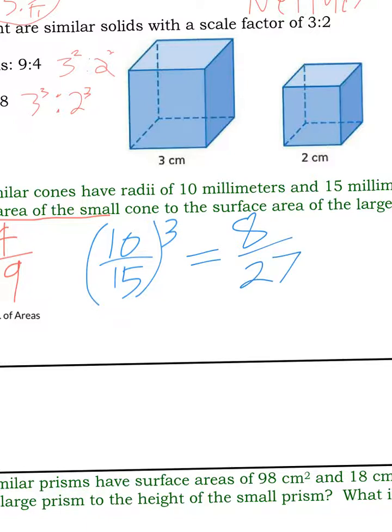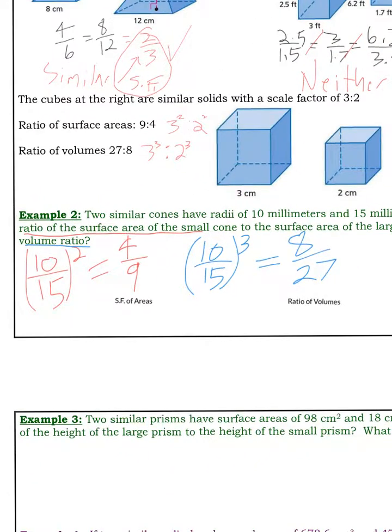And that's my ratio or my scale factor of my volumes. To me, the terms ratio and scale factor are interchangeable. So sometimes I'll write scale factor, sometimes I might write ratio. Like I said, they're basically the same thing.